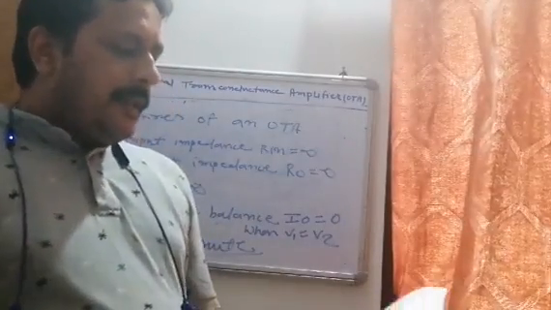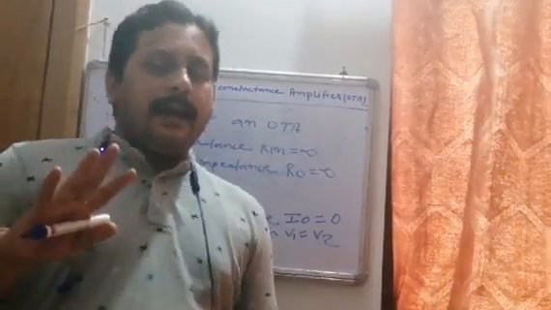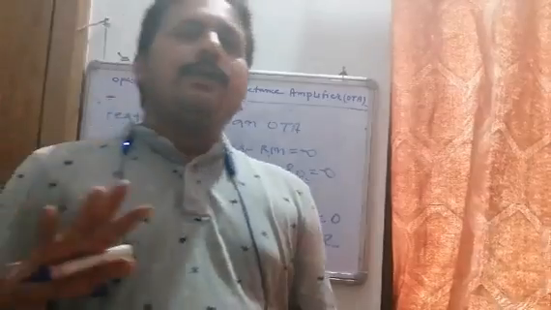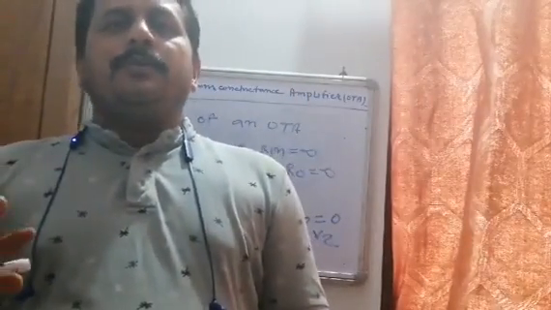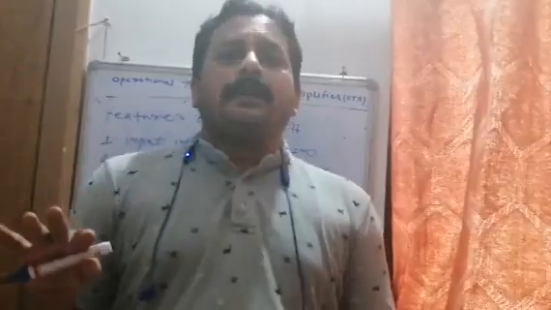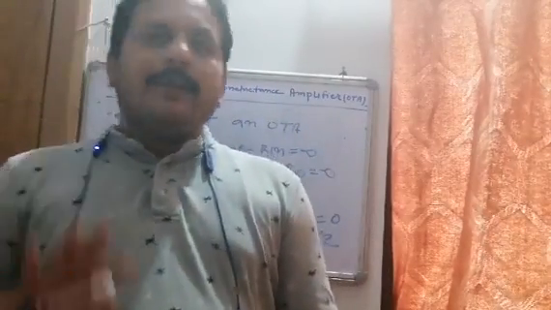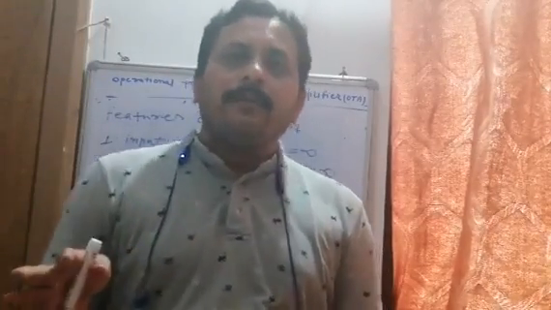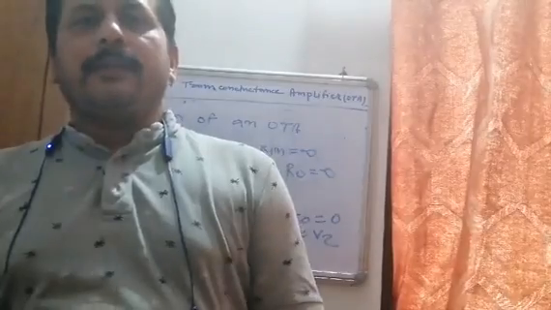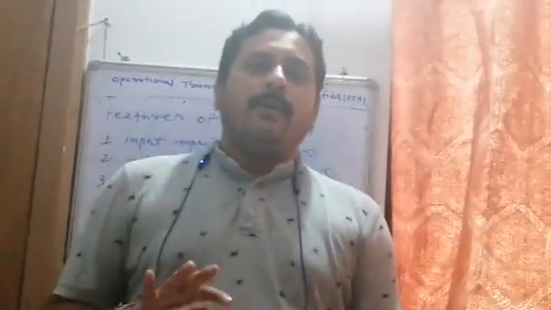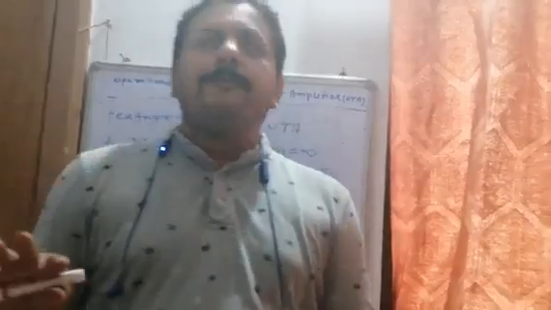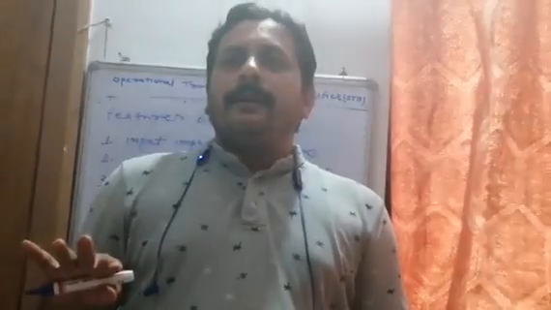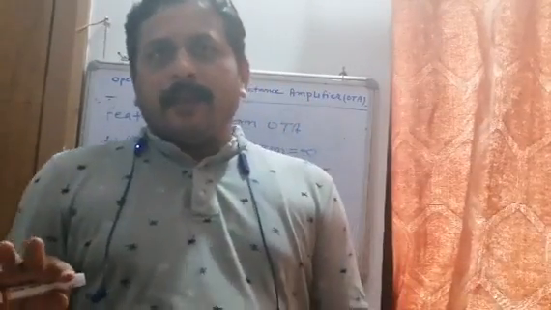So now I see, as I know that operational amplifier can be used in three configurations, either inverting configuration, non-inverting configuration or differential configuration. In the same way, OTA can also be used. First I will see inverting configuration.